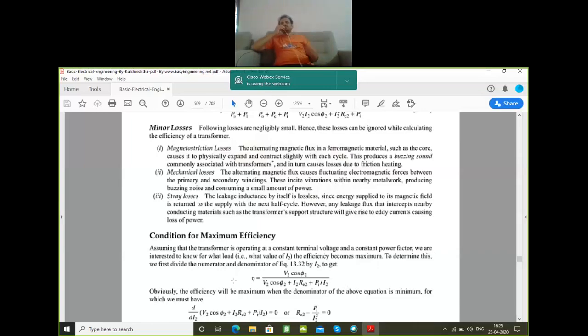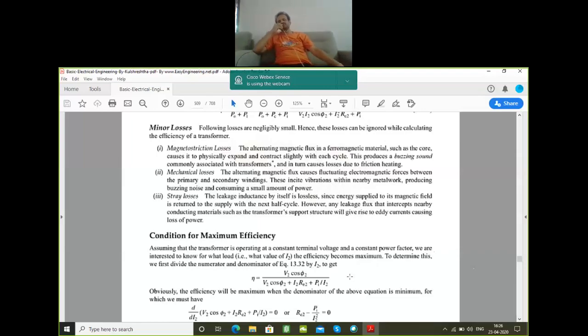Now, when will efficiency be maximum? When the denominator term becomes minimum. So d by dI2, we have to differentiate with respect to current: d by dI2 of V2 cos phi 2 plus I2 Re2 plus Pi by I2 is equal to 0.